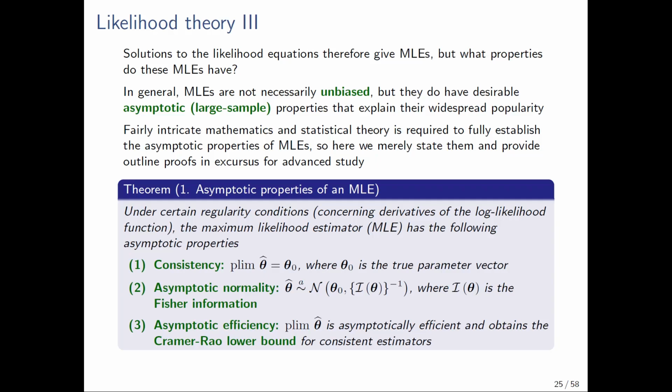Second, asymptotic normality. Theta hat is asymptotically normal, centered on the truth, with variance given by the inverse of what's called the Fisher information, which I'll define in a moment. And thirdly, asymptotic efficiency. The MLE attains the Cramer-Rao bound for consistent estimators. Its asymptotic variance is as small as it can possibly be.